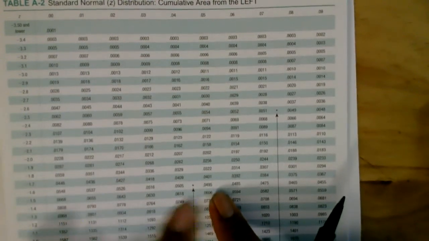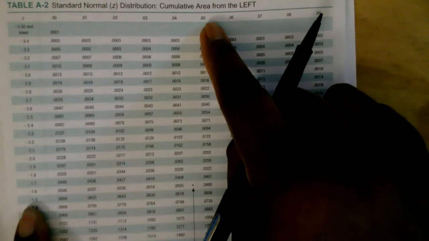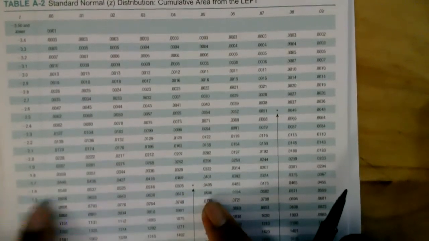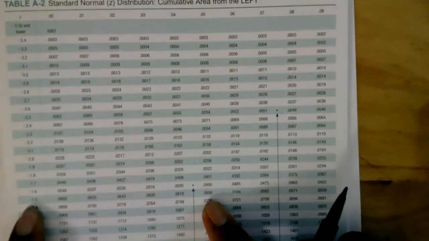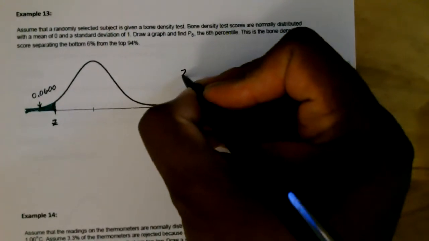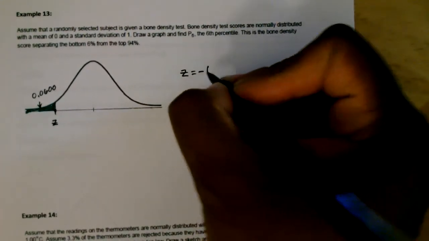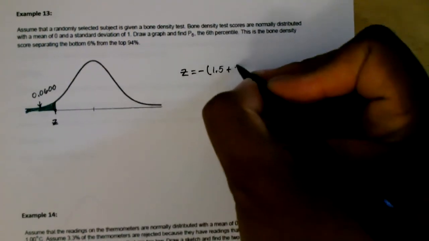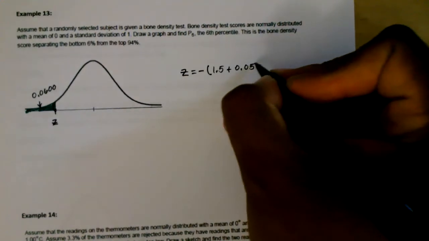And I'm going to read to the left and read on the top above. So 0.0606 has a corresponding z-value of negative 1.5 and 0.05. So my z would be negative, and here I'm going to say 1.5 plus 0.05.